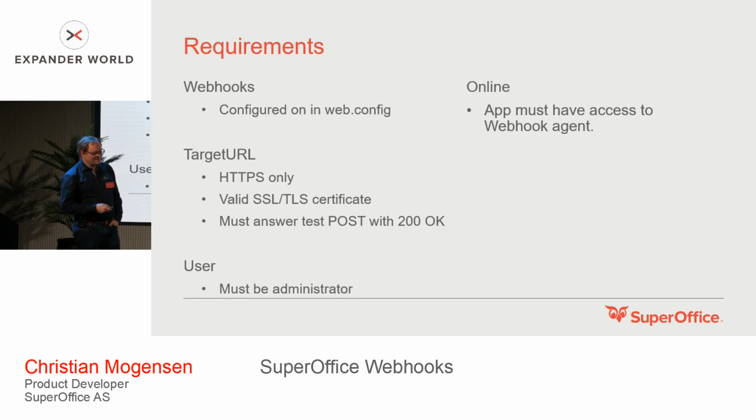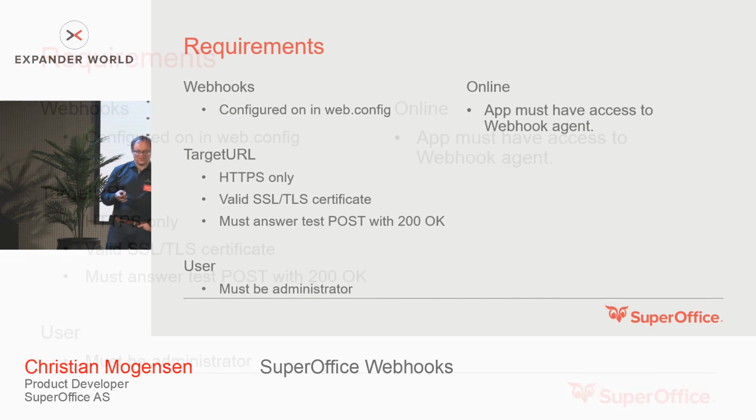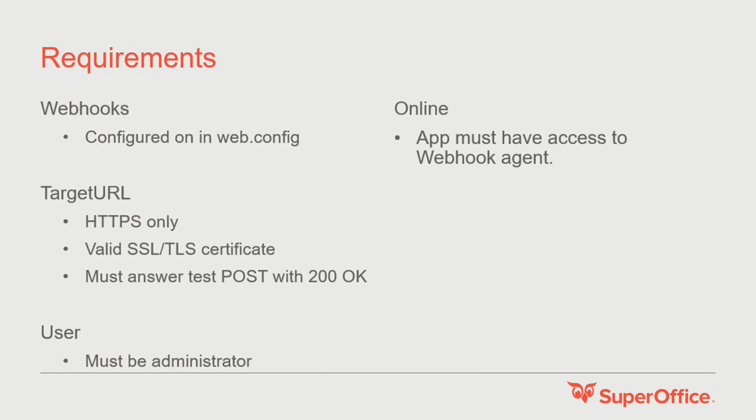Your target URLs have to be HTTPS, they have to be secure. They have to have a valid certificate, so your self-signed certificate won't be acceptable. You can turn that off in development, but for production use you should really have an appropriate SSL certificate.